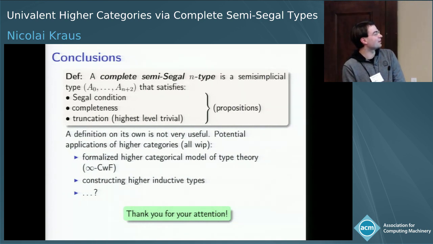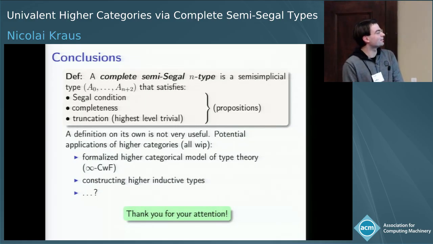In order to make up for the fact that we stop at a certain level, we truncate so that the highest level becomes trivial. And the nice thing is that all these three pieces of data are propositions in the sense of homotopy type theory, so they are well behaved on their own and don't need further coherences.